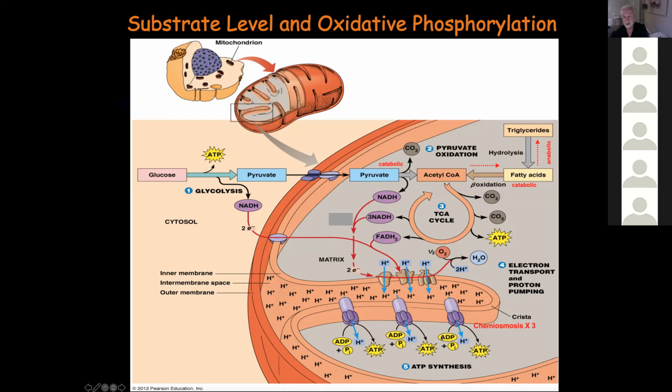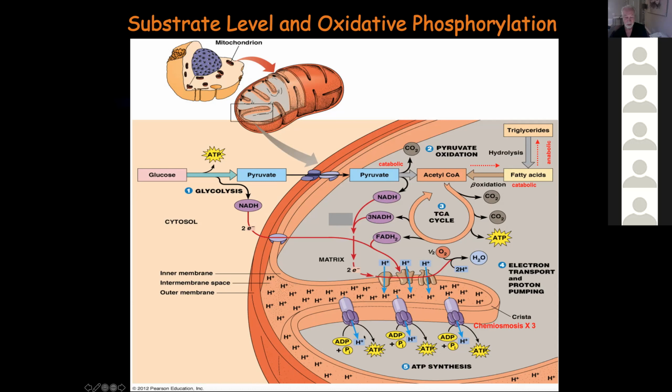There's another way to do it, and that is to start with fat, shown here in the upper right. Fat is triglycerides. They can be converted to fatty acids. And then there's a process known as beta oxidation, which converts fatty acids to acetyl-CoA. That is the first step in the Krebs cycle. And from there on, it's the same.